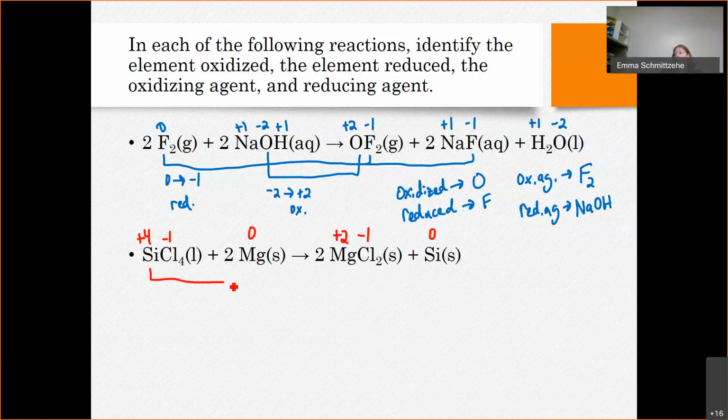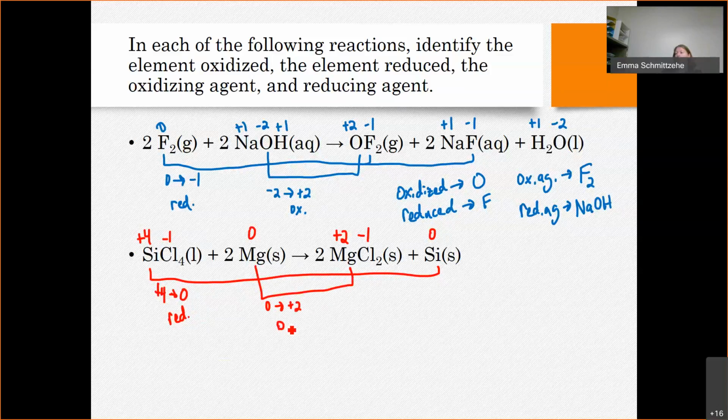So for my changes, I have a +4 going to a 0, so that's a reduction for my silicon. And then I've got a 0 to a +2 for the magnesium, so that is an oxidation. So my oxidized element must be magnesium, and my reduced element must be silicon.